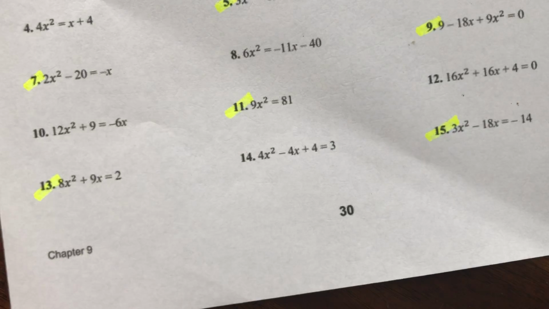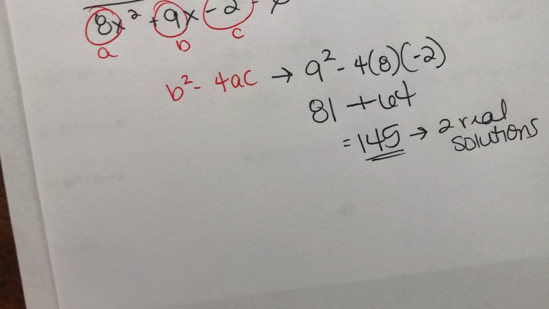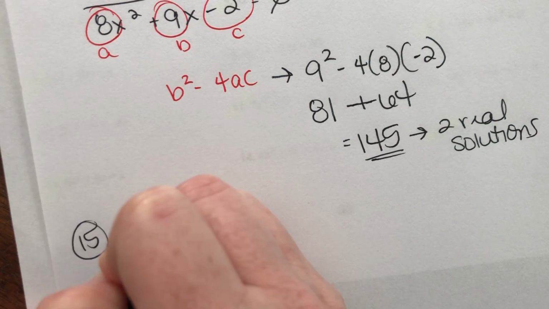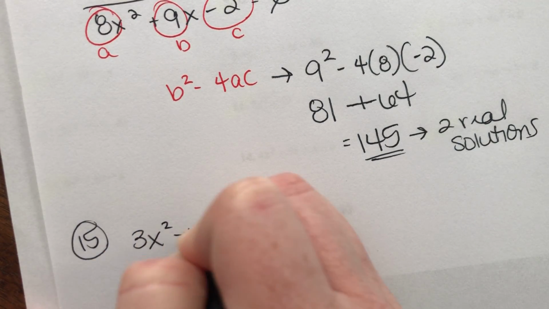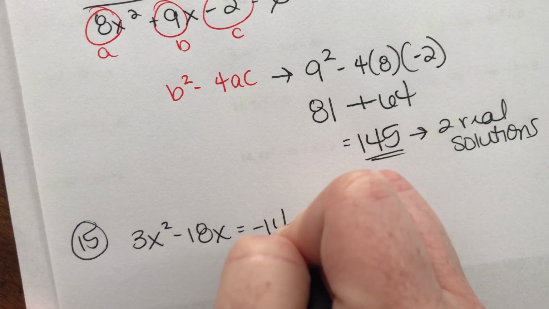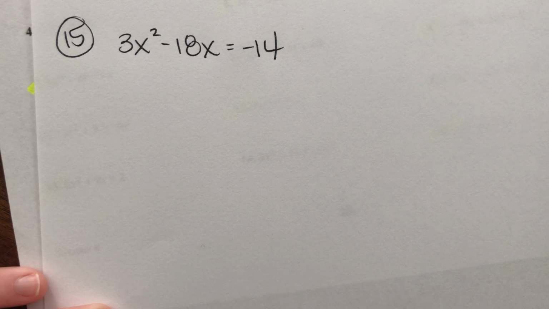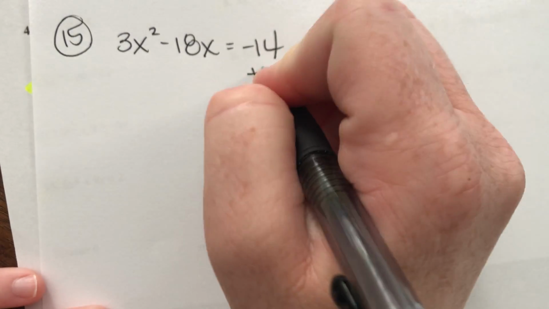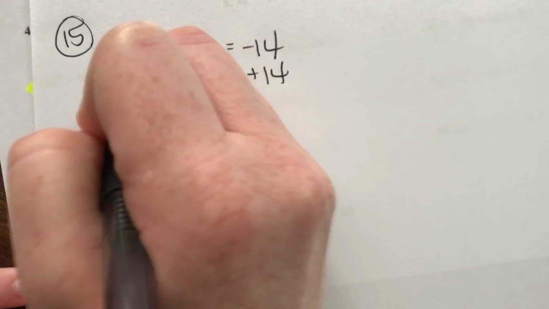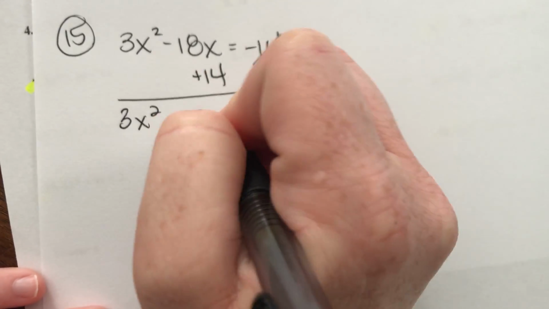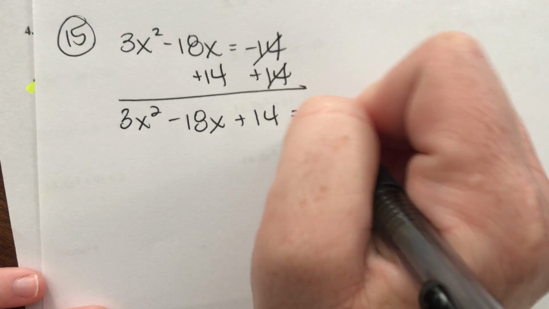And last but not least, number 15, 3x squared minus 18x equals negative 14. Okay, last one we're going to solve. So we want to get everything on one side of the equal sign, so I'm going to add 14. 3x squared minus 18x plus 14 equals 0.